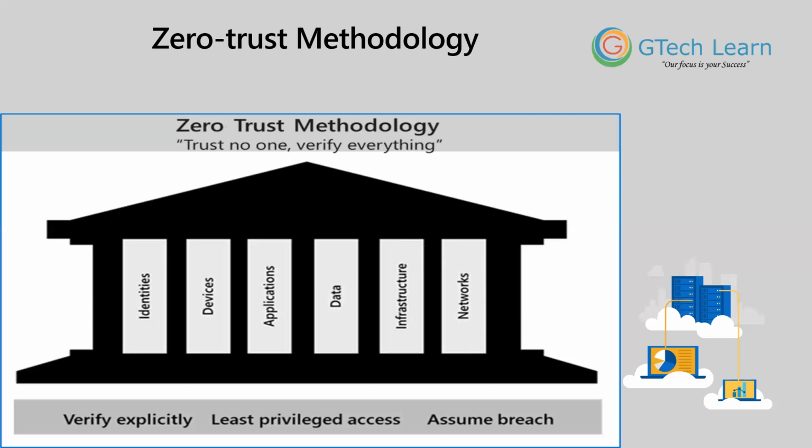Security efforts are ultimately about protecting data and ensuring it remains safe when it leaves devices, applications, infrastructure, and networks that the organization controls. After that, there is the second last pillar, which is infrastructure.